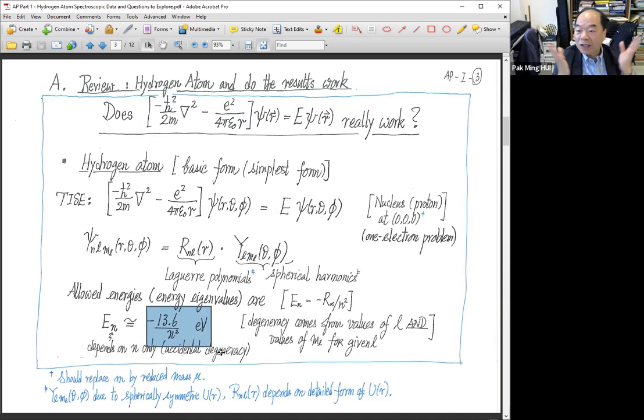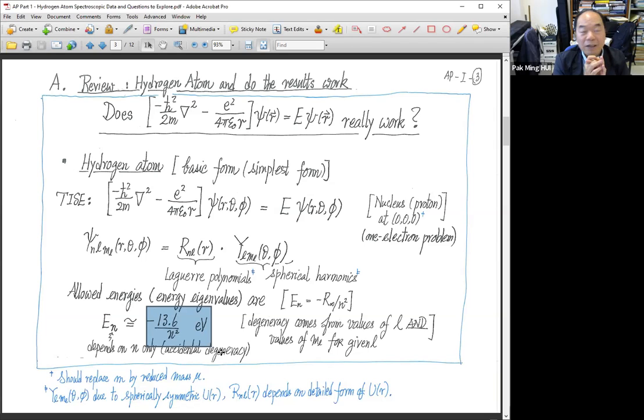thereby convincing everybody. Now this result was known since the 1860s or so. We have the Lyman series, Balmer series, that kind of spectral data waiting for an explanation.